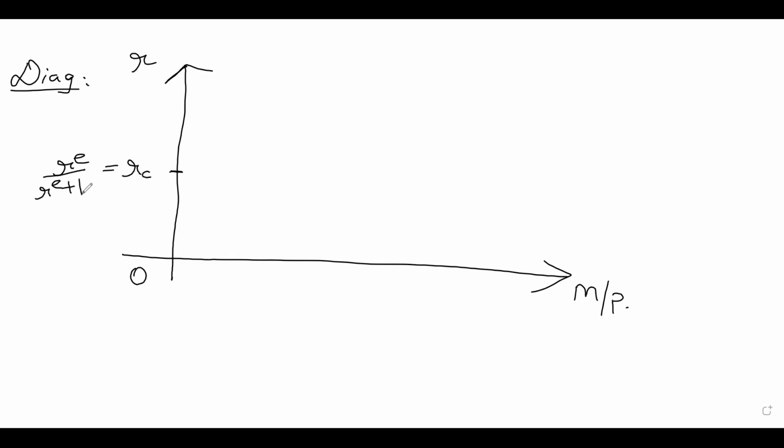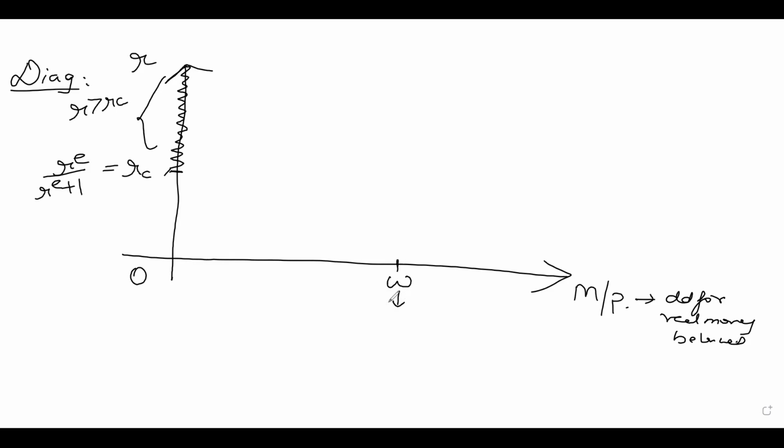When your R is above RC, when R is greater than RC, you're only going to hold bonds. So your money is 0. This is nothing but demand for real money balance. That is equal to 0. This is your wealth. Liquid wealth, I can say, to be more exact.